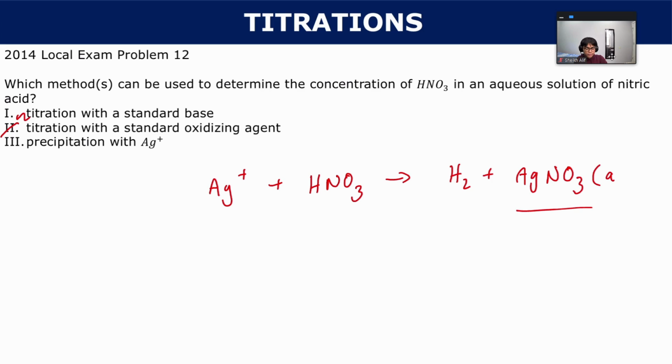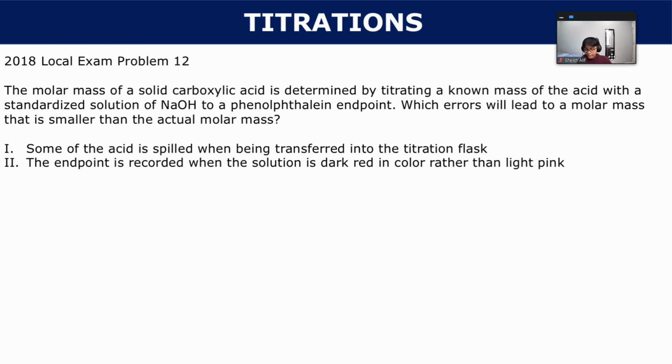It's going to be aqueous, and H2, of course, is a gas. So precipitation will not occur, and you cannot determine the concentration with precipitation because it doesn't even happen. So the only answer that makes sense is 1, and that is the answer. Let's move on to the next question.